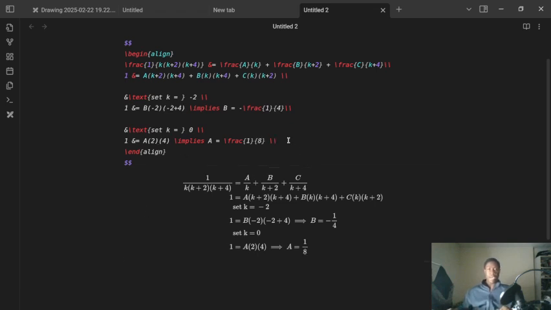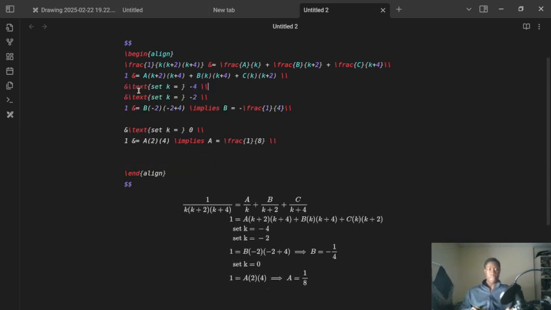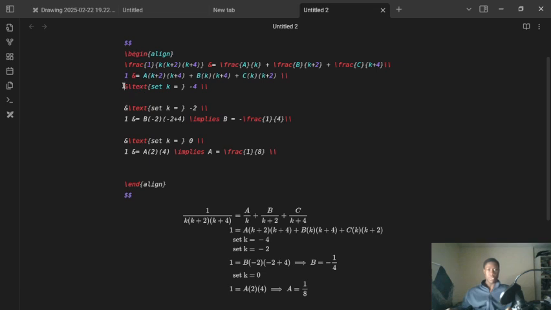And then finally we have k plus 4, so the natural choice would be k equals -4. Actually, I should have done this one first maybe, so that we have a proper order that makes sense.